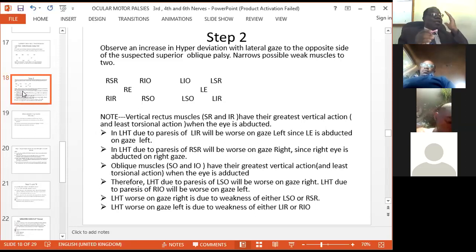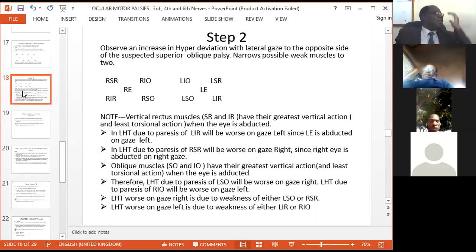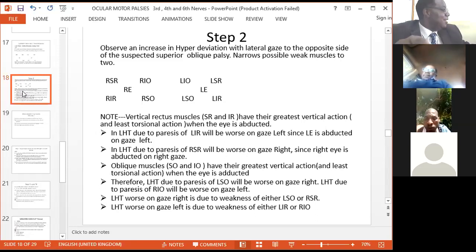Now, if you think the eye affected is the left side, when the patient looks to the opposite side, to the right, there is more hyperdeviation. This is the left side, opposite side is the right.